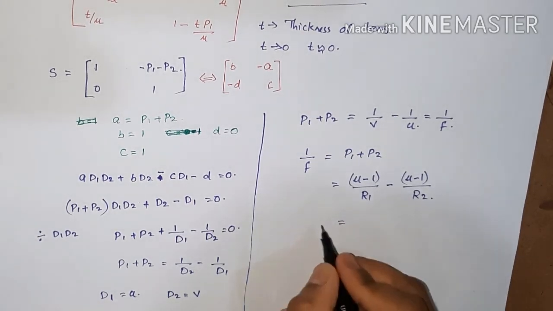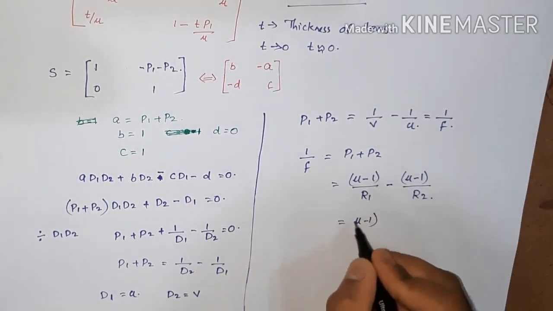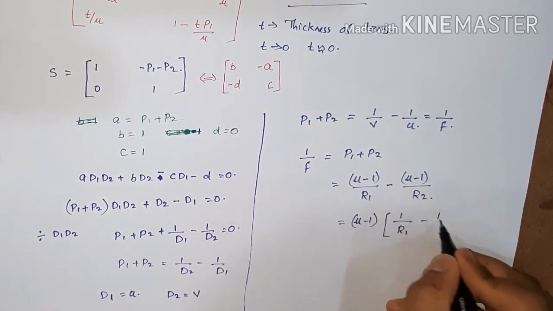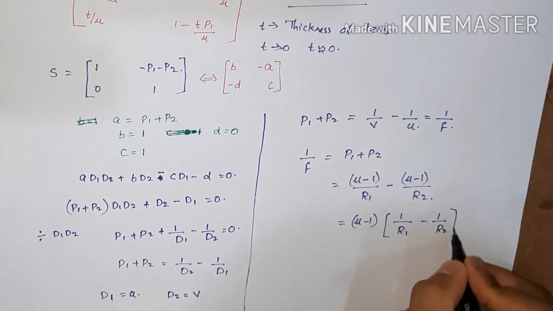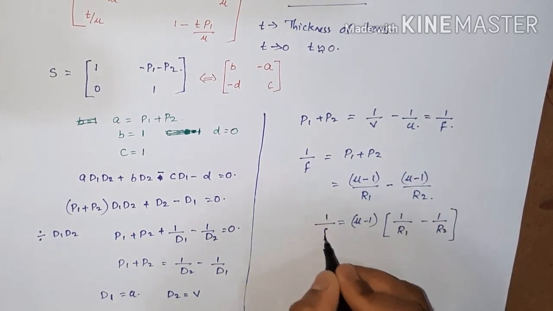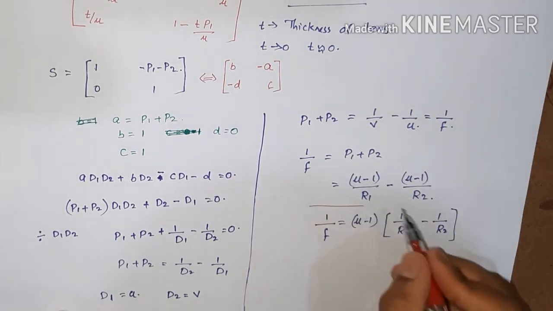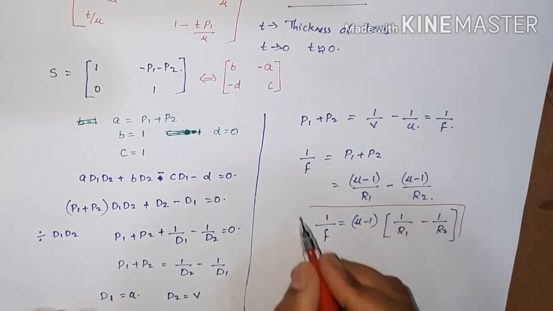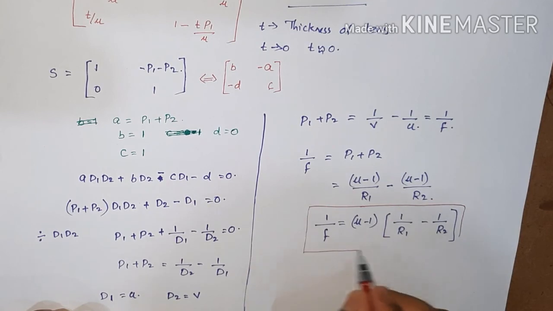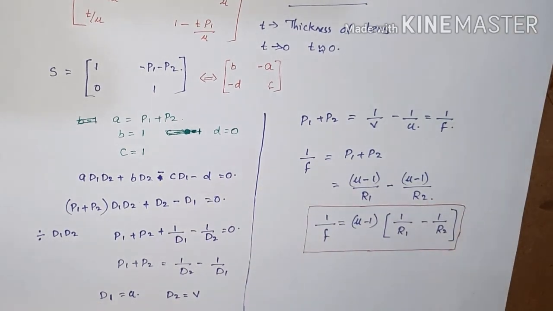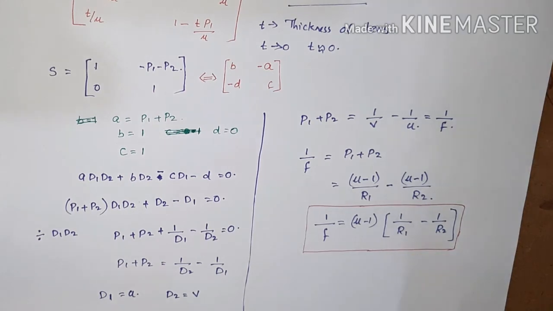So I am taking this mu minus 1 outside into 1 by r1 minus 1 by r2 is equal to 1 by f. It is nothing but 1 by v minus 1 by u. So this is the lens maker's formula corresponding to a thin lens. So it is the thin lens maker's formula and thick lens maker's formula.